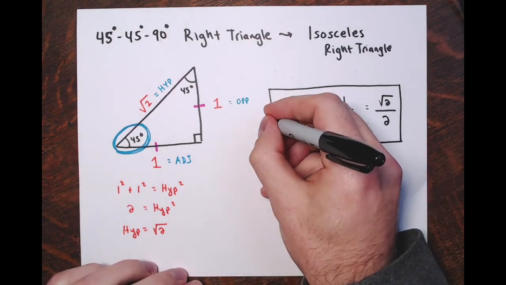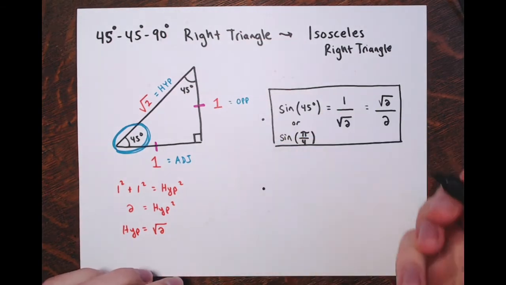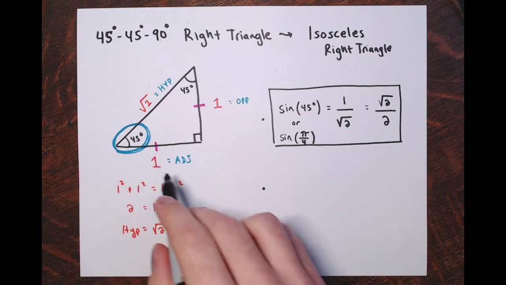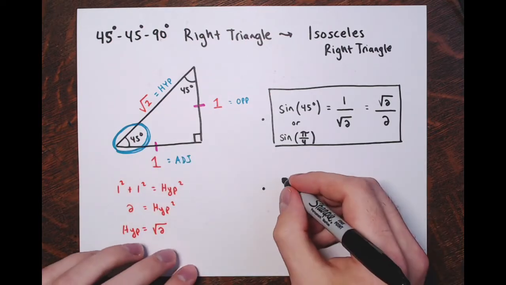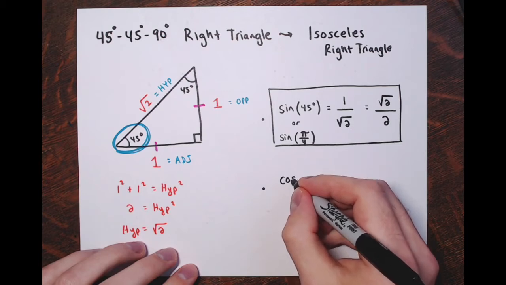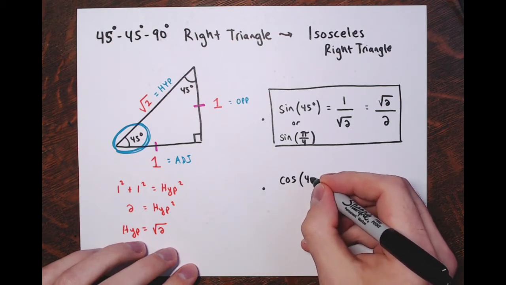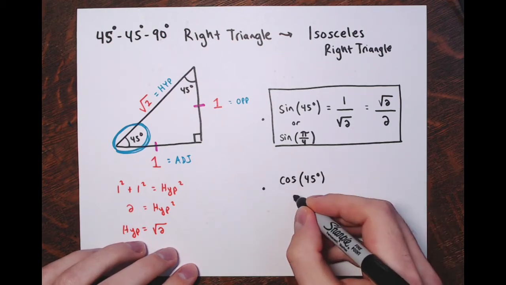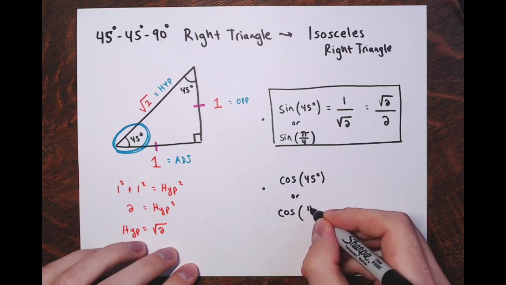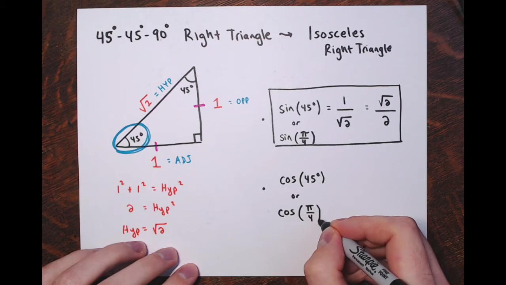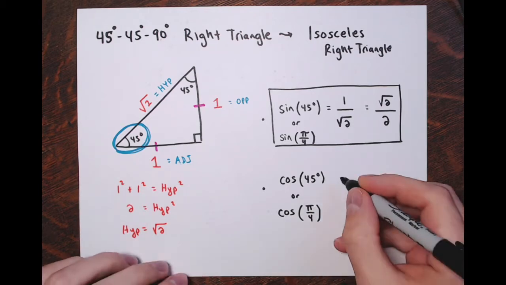Okay, that's one part. That's the sine. Using the same picture I've established here with this isosceles right triangle, you can also find the cosine of a 45-degree angle, right? Or the cosine of a pi over 4 radian angle, same angle.